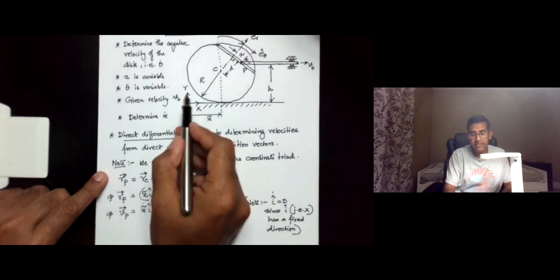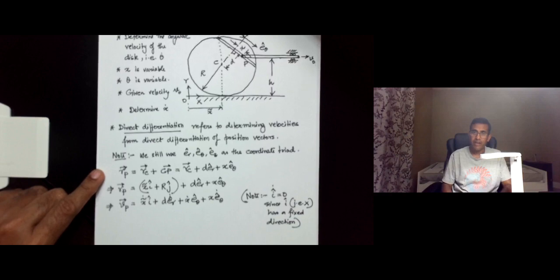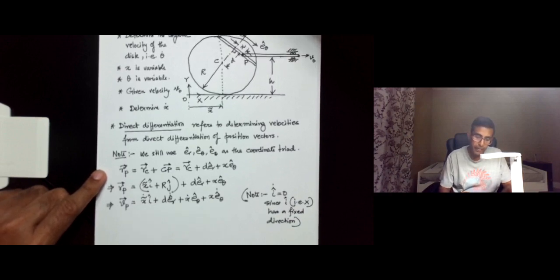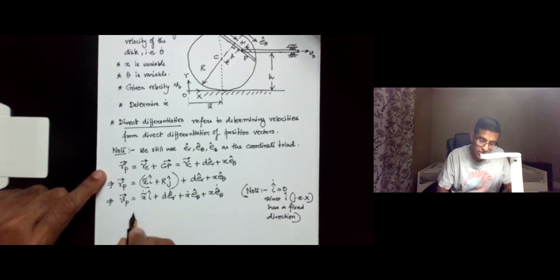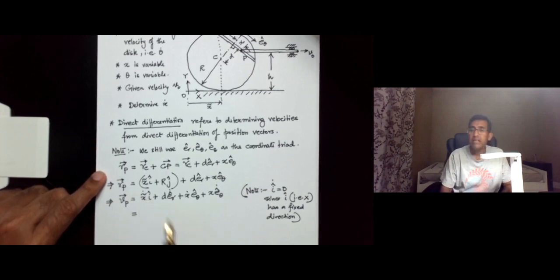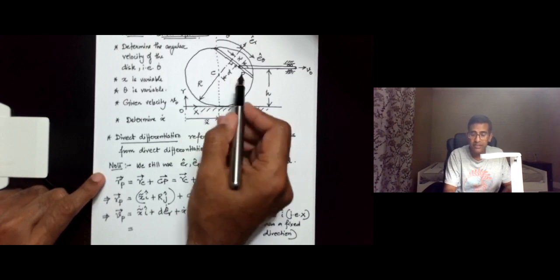So this ij is not a moving frame, this is a fixed frame, hence I do not need to take a derivative of I, but I do need to take a derivative of ER, and I do need to take a derivative of E theta. So now what is this x tilde dot? This is the rate at which this point, the center C, is moving.